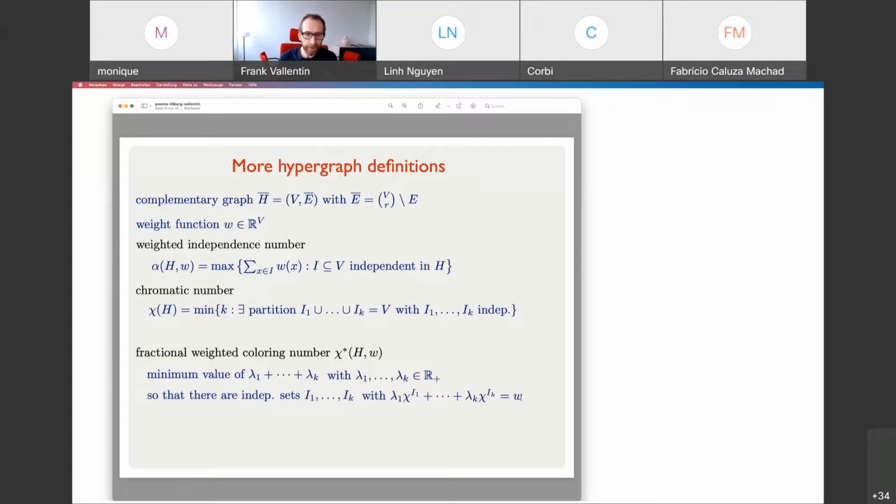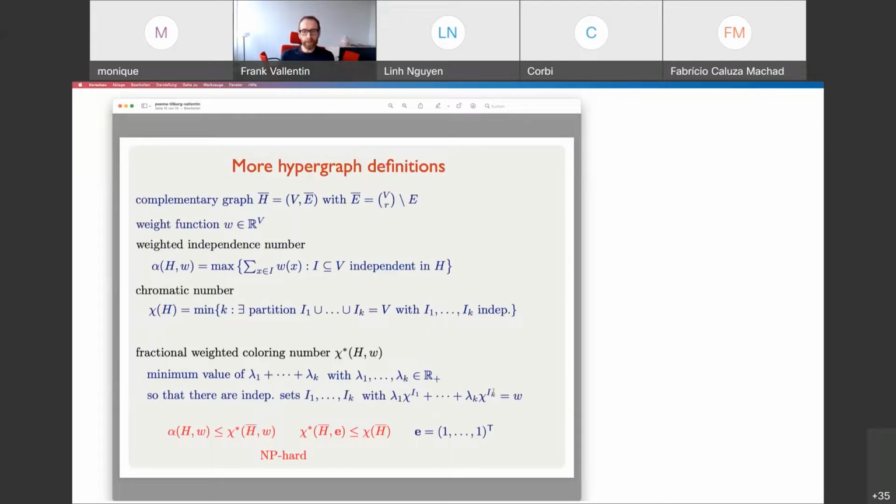And if you imagine that you only allow lambda 1 up to lambda k to be 0, 1, and if you imagine that w is equal to constant 1, then you model exactly the chromatic number. But now it's in a sense a relaxation. So therefore we allow lambda 1 up to lambda k to be fractional, or non-negative, and it's weighted. So instead of having a 1 here for w, we allow arbitrary w.